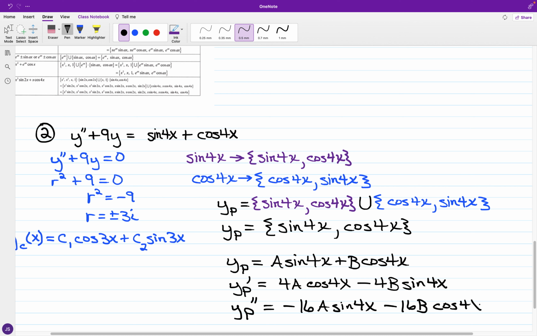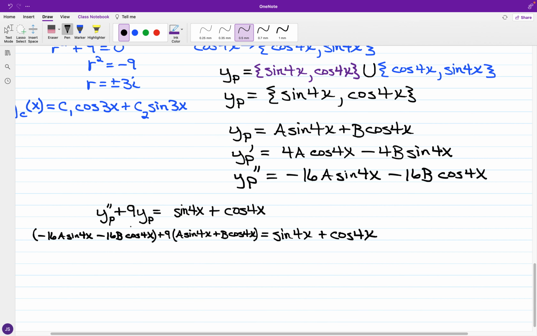And again, I'm going to take this equation and put it in terms of the particular solution. So you've got y sub p double prime, which is negative 16a sine of 4x minus 16b cosine of 4x, plus 9 times y sub p. There's no y sub p prime involved, so we have 9 times a sine of 4x plus b cosine of 4x, equal to the sine of 4x plus the cosine of 4x.